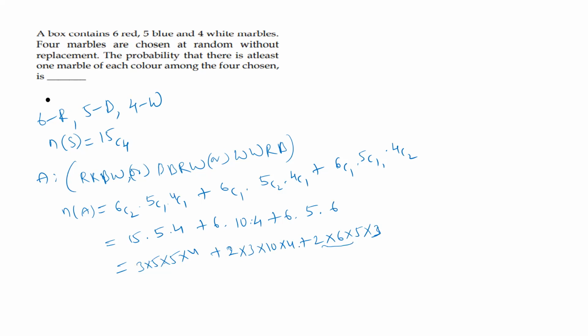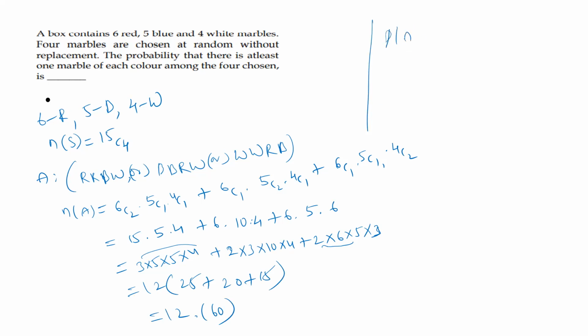Okay, 6 I'm writing as 2 3s. 12 common is possible. 12 common means 3 4s are 12, remaining 25. For easy purpose, 3 4s are 12, remaining 20, 12 remaining 15. Total 12 into 60 will come.